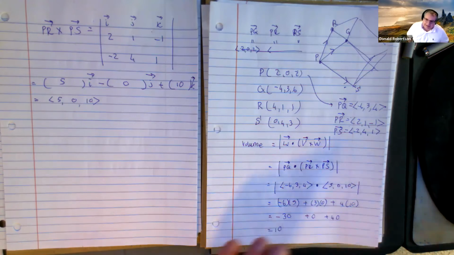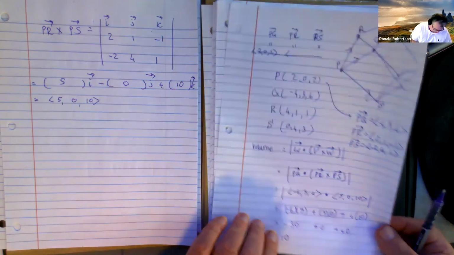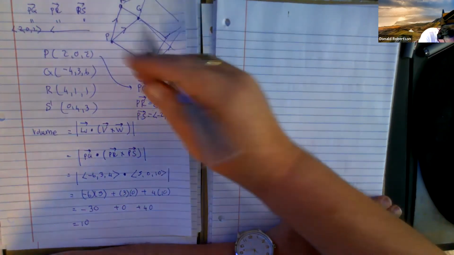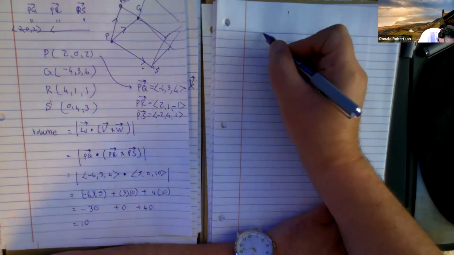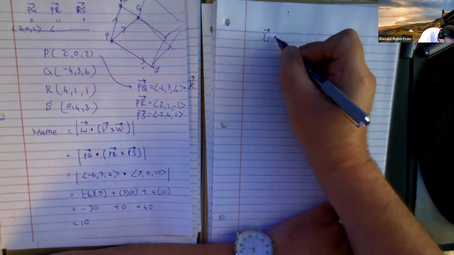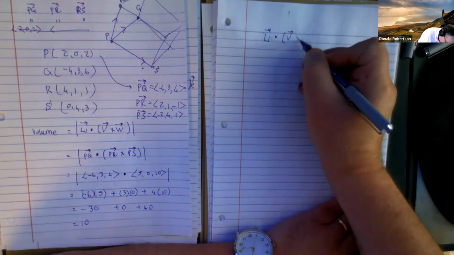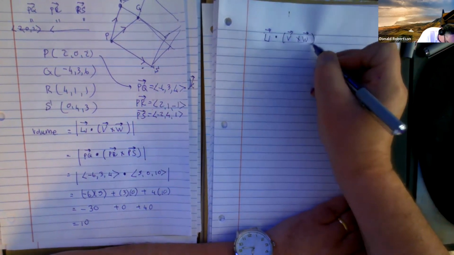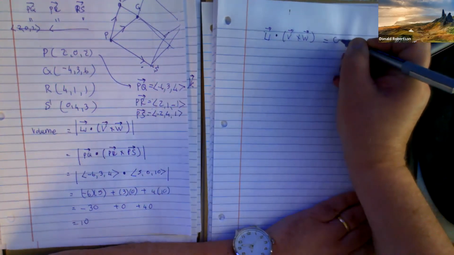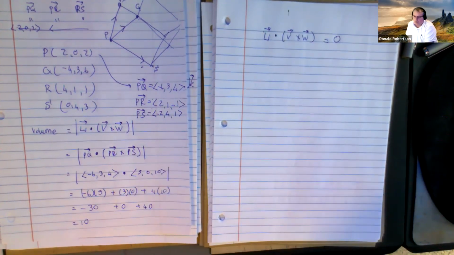Okay. Now, related to that, suppose we did a calculation with, let's call them U, V, and W. So pretend this is a different question now, nothing to do with parallelepipeds, but just finding that. And we got the answer 0, which could happen.